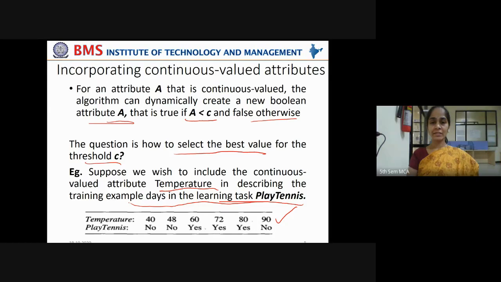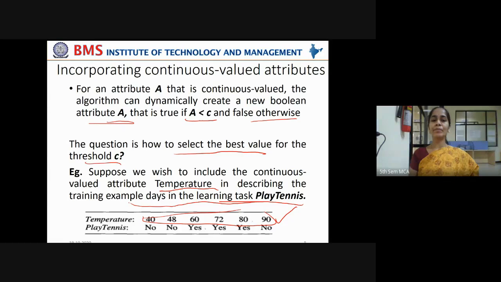In this case, how can we decide on an interval so that we can change this continuous valued attribute into a discrete valued attribute, so that you can give temperature less than 60, all those fall into one branch, temperature greater than 60, all those fall into another branch. But my question is whether it should be 40 or 48 or 60 or 72 or 80 or 90, because all these values are given here, right? I should not be partial to select a particular temperature. What is the criteria for me to select that threshold C?